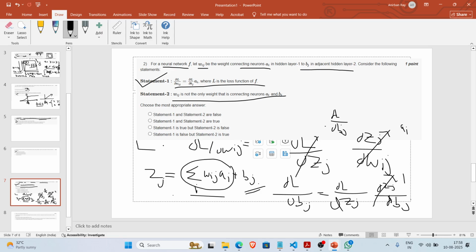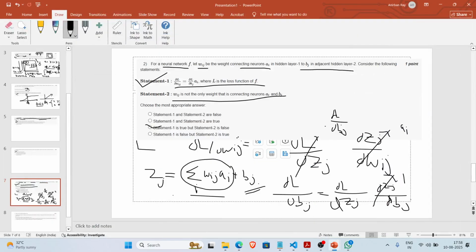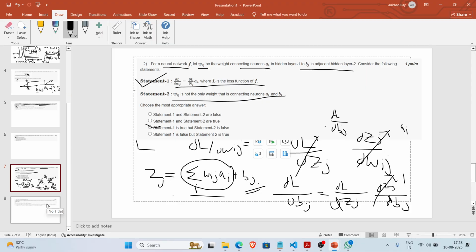So the first is true, the second is false. Any doubt? So we are using the chain rule, as you can see, for backpropagation.